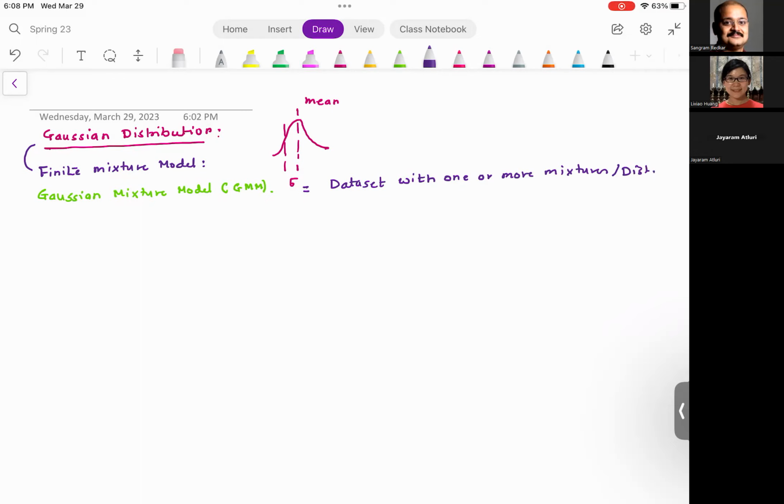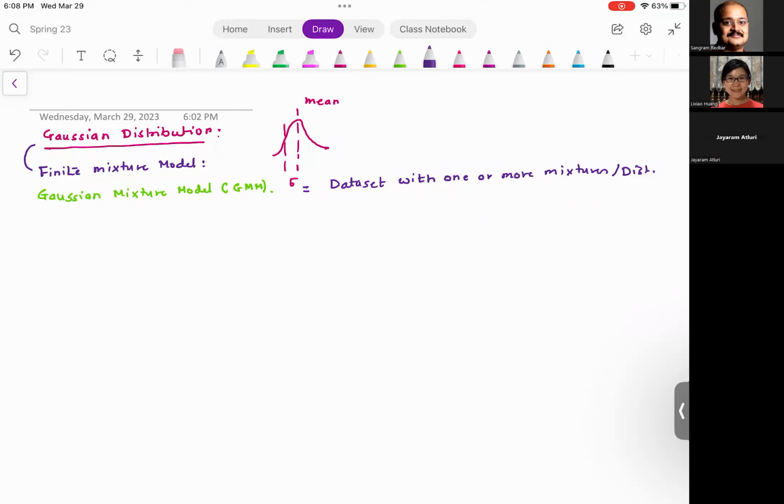Each and every distribution will have its own mean and its own standard deviation. But the good news is these combinations of one or more distributions are easier to handle than some non-standard, non-normal distributions.